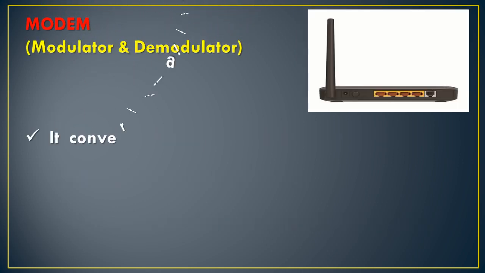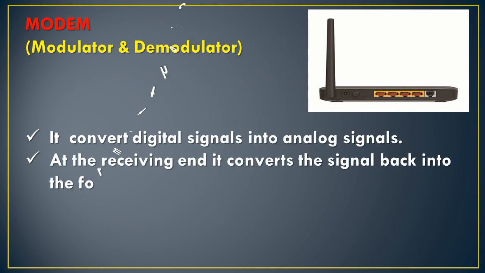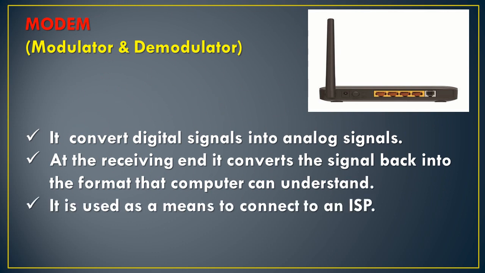Next, that is modem. Modem is a network device that both modulates and demodulates analog carrier signals for encoding and decoding digital information for processing. It converts digital signals into analog signals and vice versa.